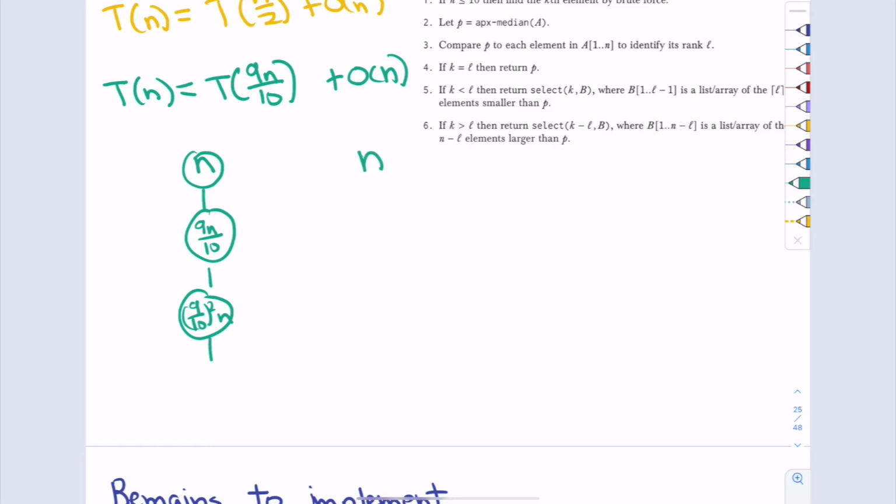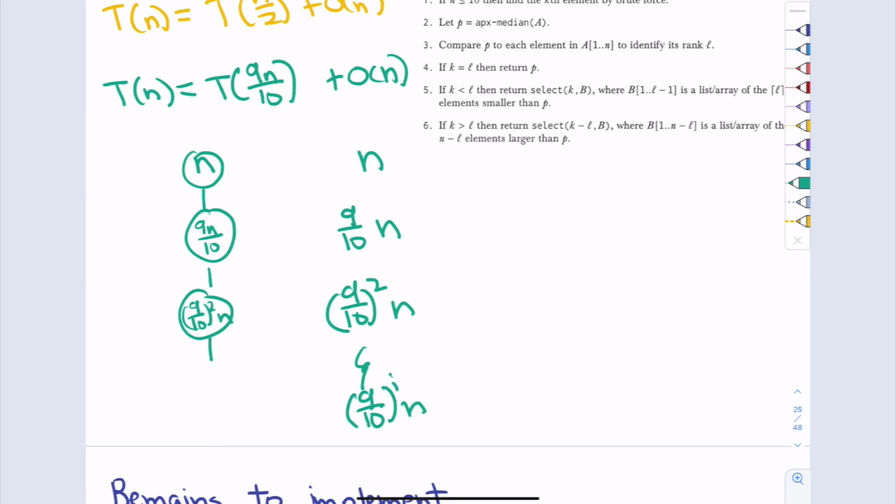The work per level is n, 9/10 n, 9/10 squared n, and so forth. In general, it looks like 9 over 10 to the i times n. If I sum up all these powers of 9 over 10, what do I get? Seems more complicated. Would it be approximately like 10 over 9? Yeah, and it's just a constant.